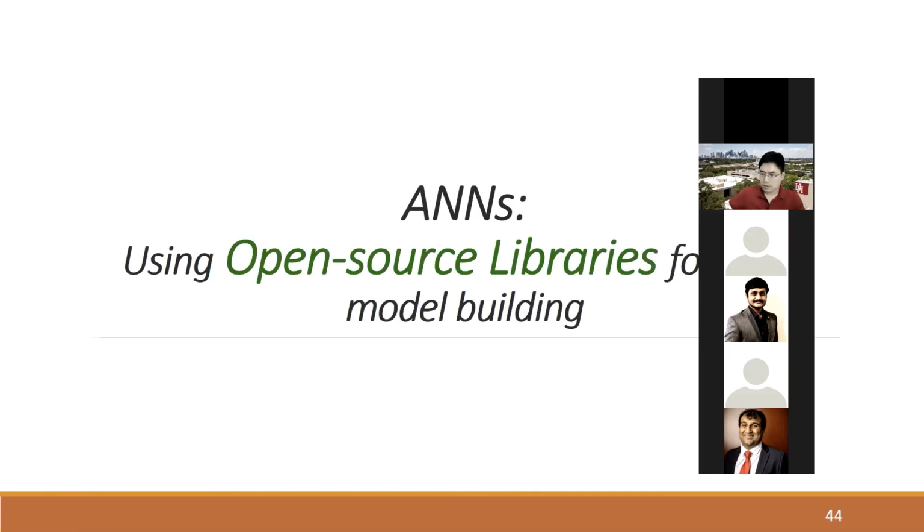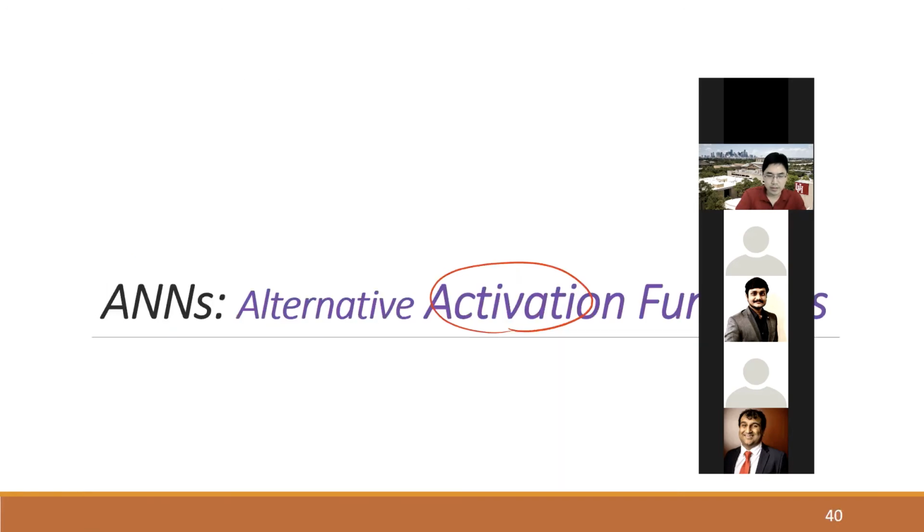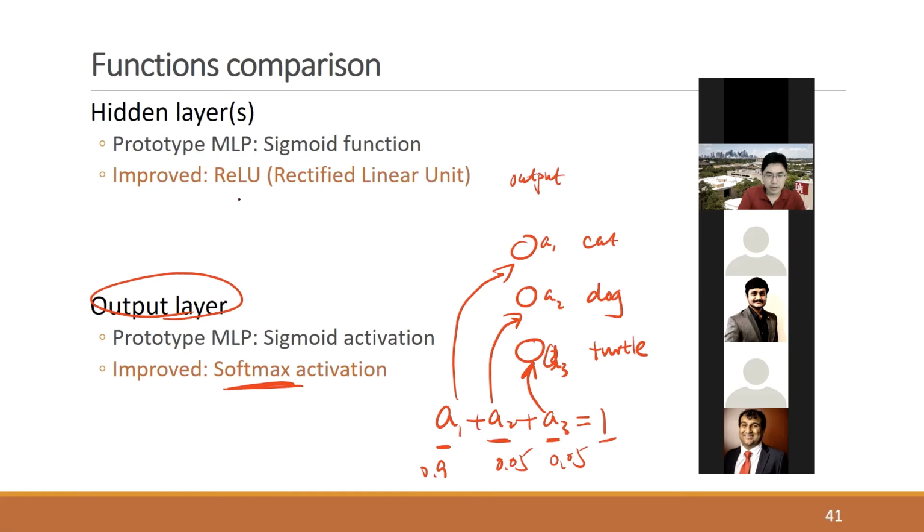So that's all the improvements for the output layer. Oh, by the way, I haven't said these. Rectified linear unit, ReLU. Perhaps you have heard about it. ReLU is quite interesting. ReLU is a preferred activation function for all the hidden layers, even for CNN models, because it's easier to optimize.